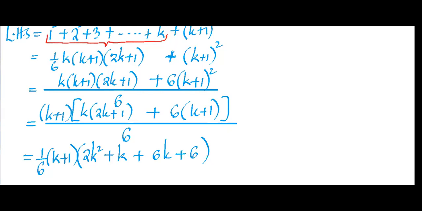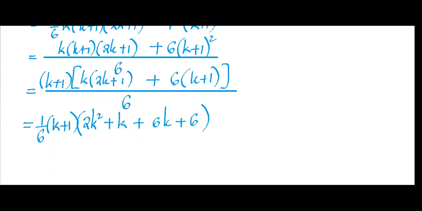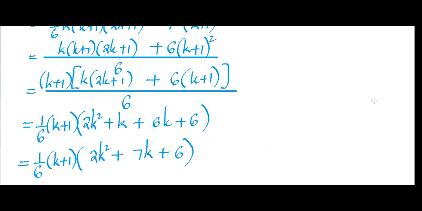At that instant, you just have to look out for that quadratic to factorize. This is 7k, this is 6. So we are looking at factors of 12 that give us 7, and that is none other than the pair 3 and 4. Let's see what will happen. So it's 3 and 4.